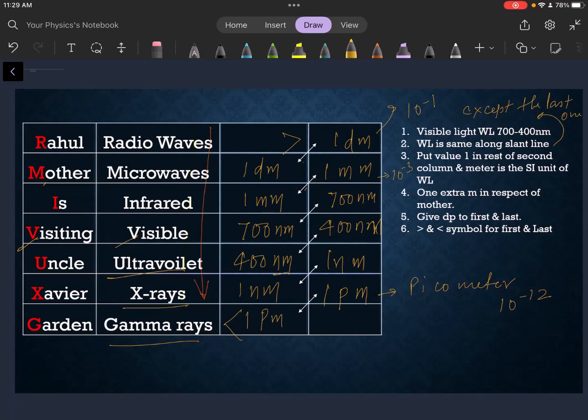Now if you summarize all this, the radio wave wavelength is greater than 1 decimeter, microwave is 1 decimeter to 1 millimeter, infrared is 1 millimeter to 700 nanometer, visible we already know 700 to 400 nanometer, ultraviolet is 400 nanometer to 1 nanometer, X-ray is 1 nanometer to 1 picometer, and picometer is 10 to the minus 12, and for the gamma rays it is less than 1 picometer.